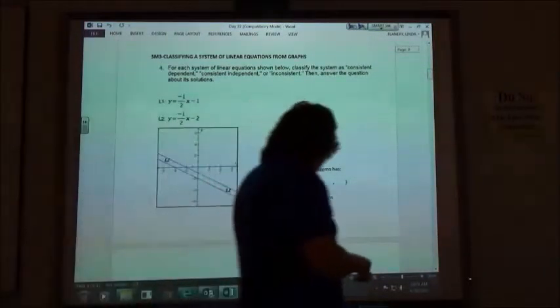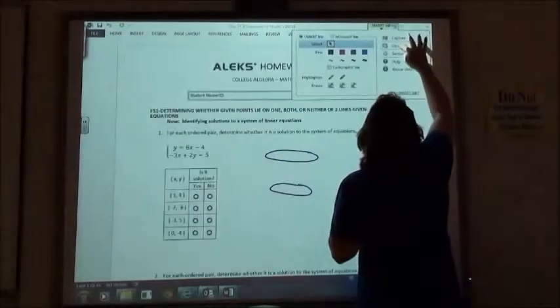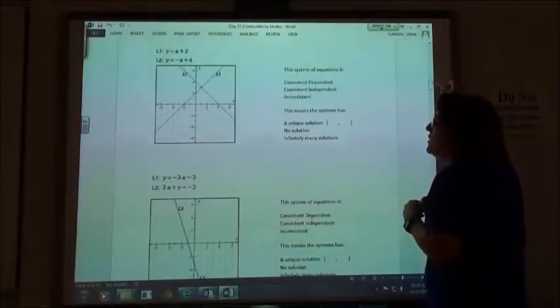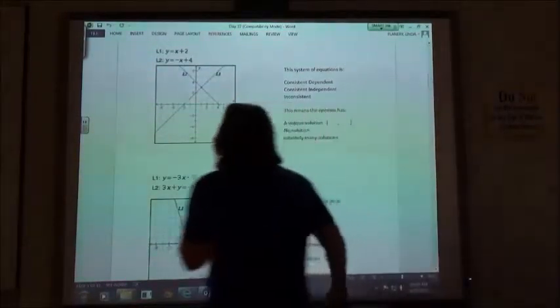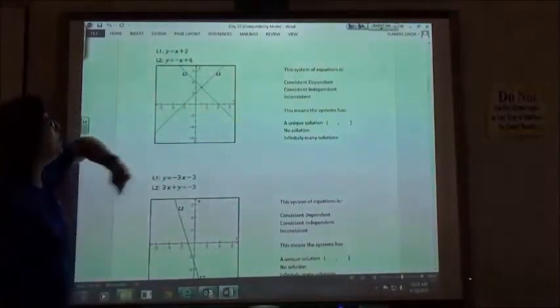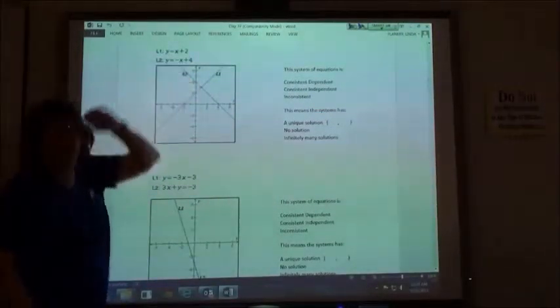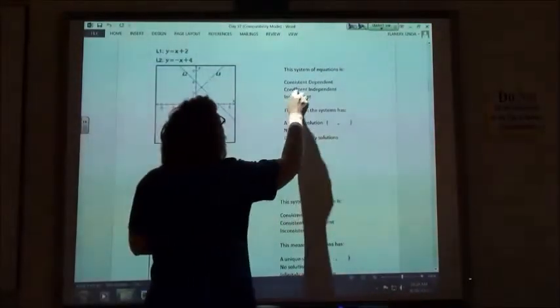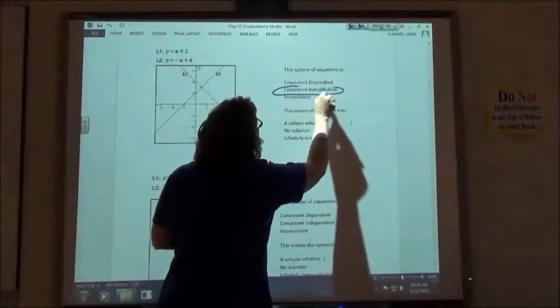The second way you can draw two lines is on the next page. I can have two lines that touch in a point, right? If I have two lines that touch in a point, the point where they intersect would be one of those points that you could plug in and get a yes and a yes. So these ones are going to be called consistent independent.